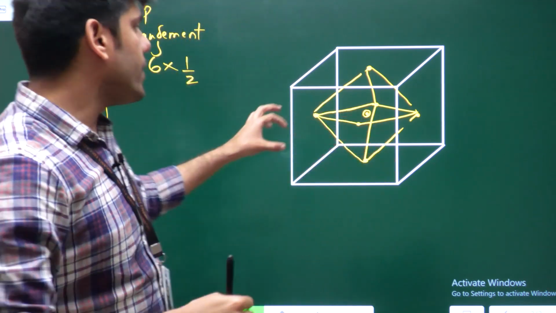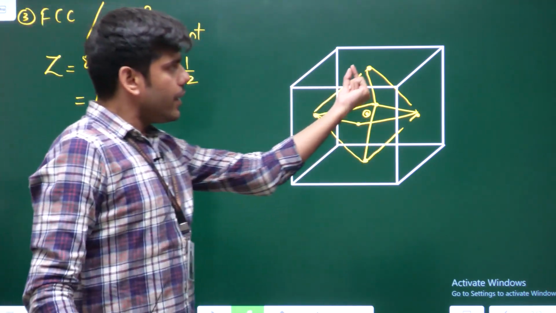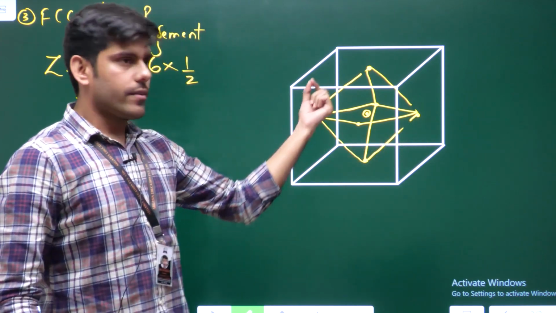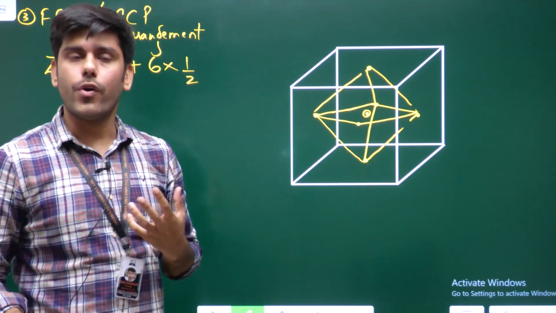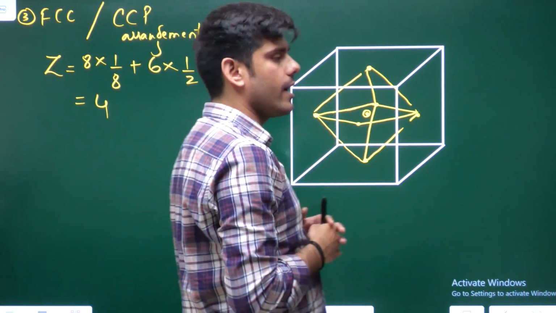If I join these 6 face centers, what I get is the octahedral void. So this is my first kind of octahedral void.